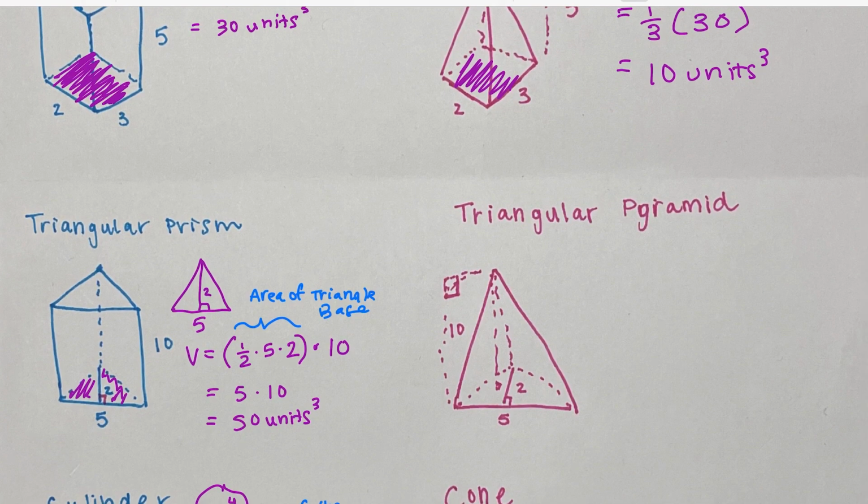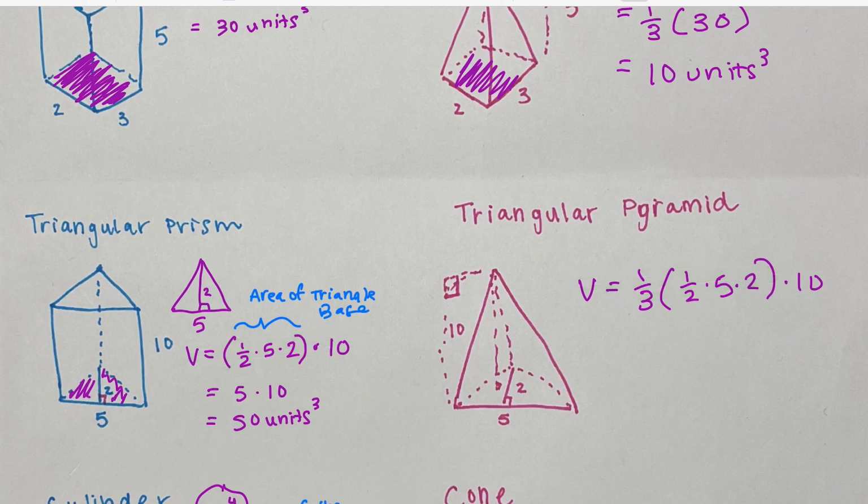For this triangular pyramid, we have the same type of situation. The volume equals 1/3 times the area of the base, which we did earlier, 5 times 2, times 10. So again, this part here is the same thing as this part over here. All that we're doing is multiplying by 1/3.